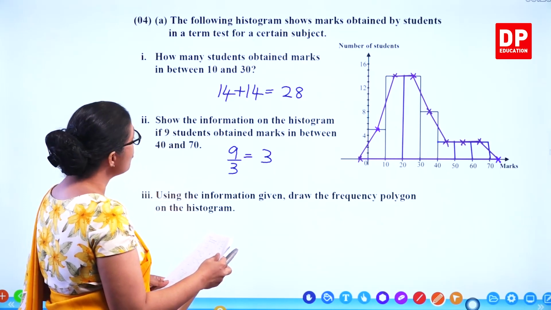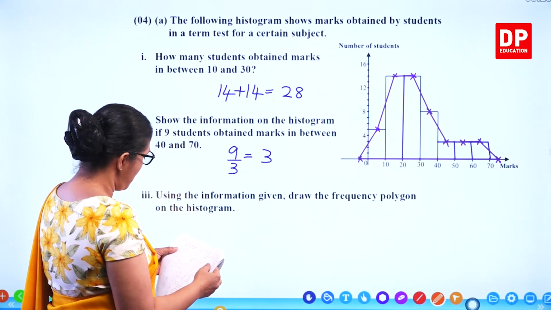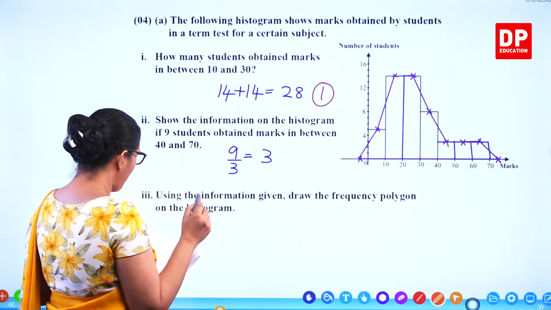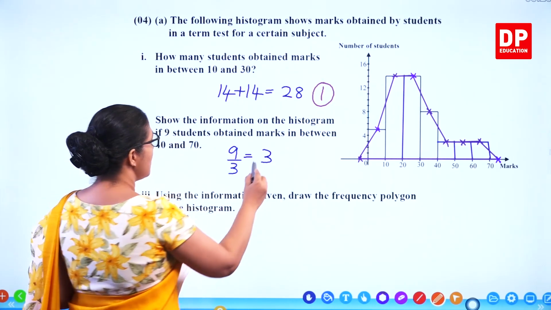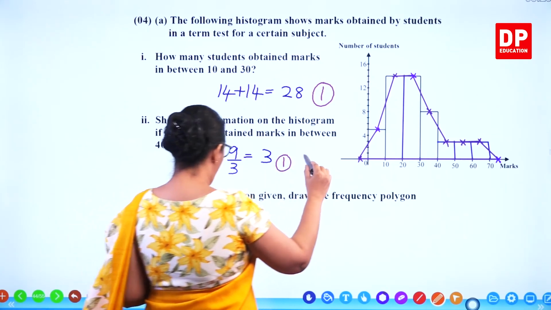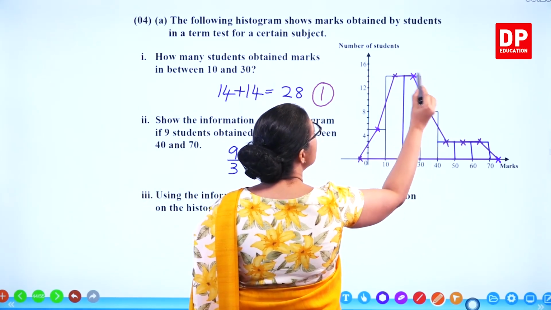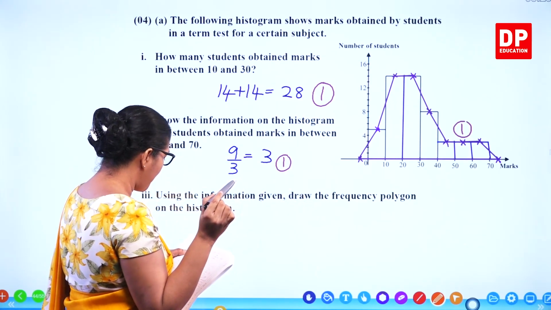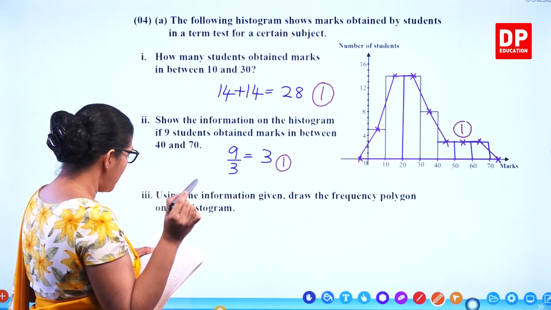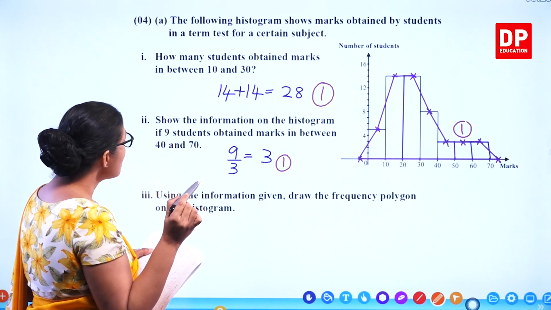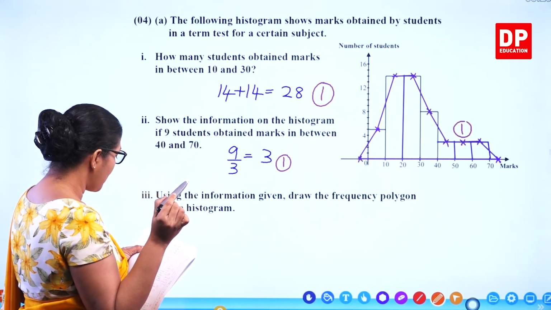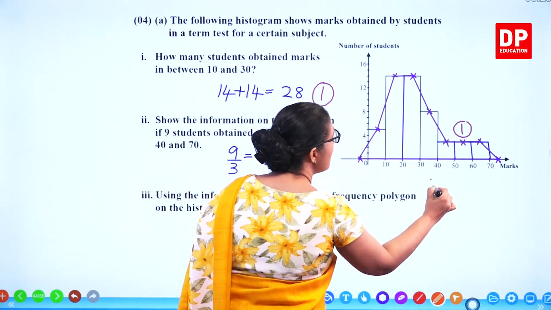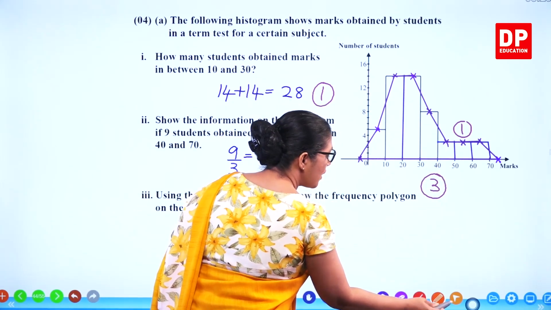You get 1 mark for this part and 2 marks for finding this one, 1 mark here, and drawing this bar, 1 mark. And part 3, drawing this frequency polygon, you get 3 marks. 3 marks for completing the frequency polygon.